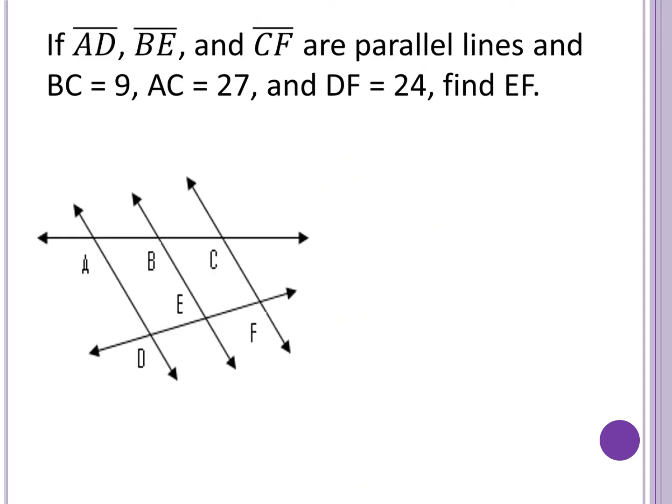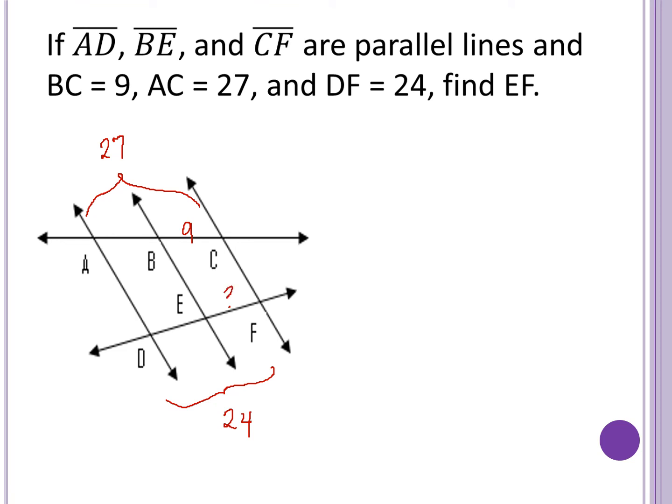Let's have another one. If AD, BE, and CF are parallel lines and BC is equal to 9, AC is equal to 27, and DF is equal to 24, find EF.